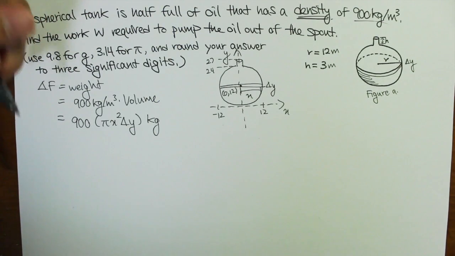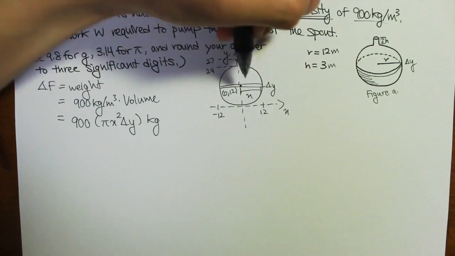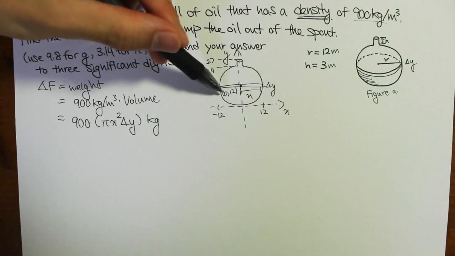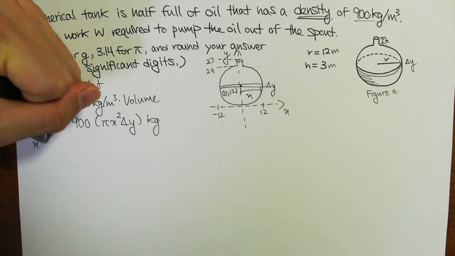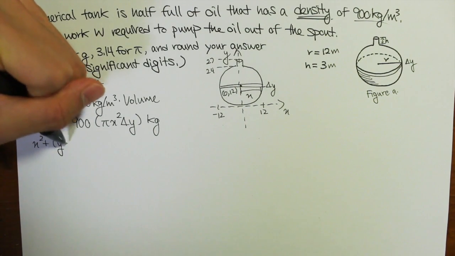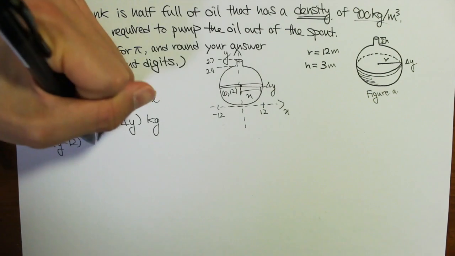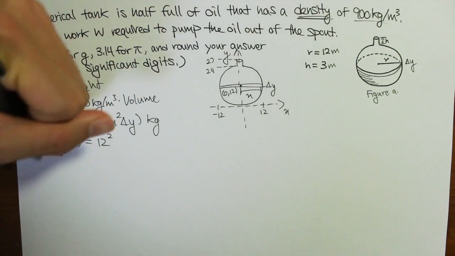Now, in more numerical terms, for a circle of radius 12 with its center at 0, 12, we have the equation x squared plus (y minus 12) squared equals the radius squared.